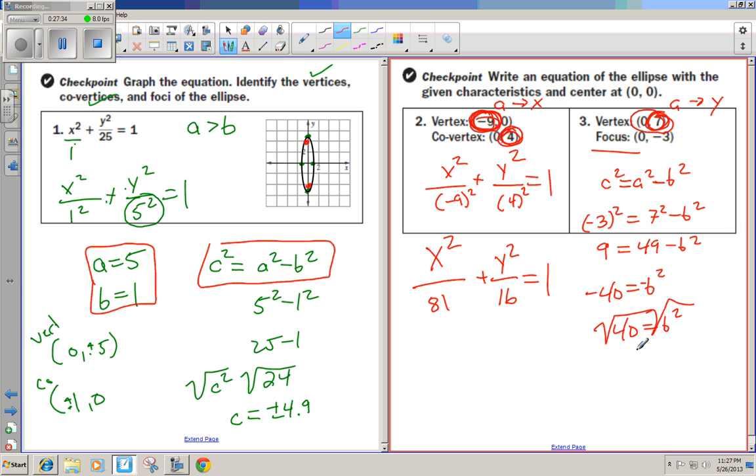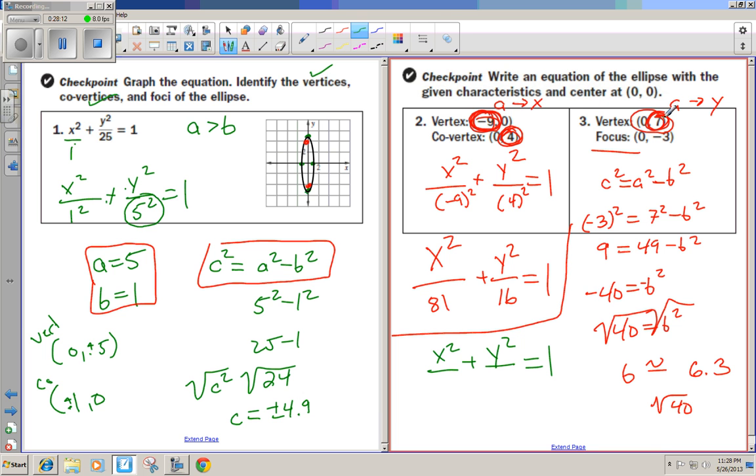Therefore, your b value is approximately the square root of 40, which is approximately 6.3. But we'll leave it at square root of 40. So now, what we're looking at here is the equation x squared over something, and it all equals 1.